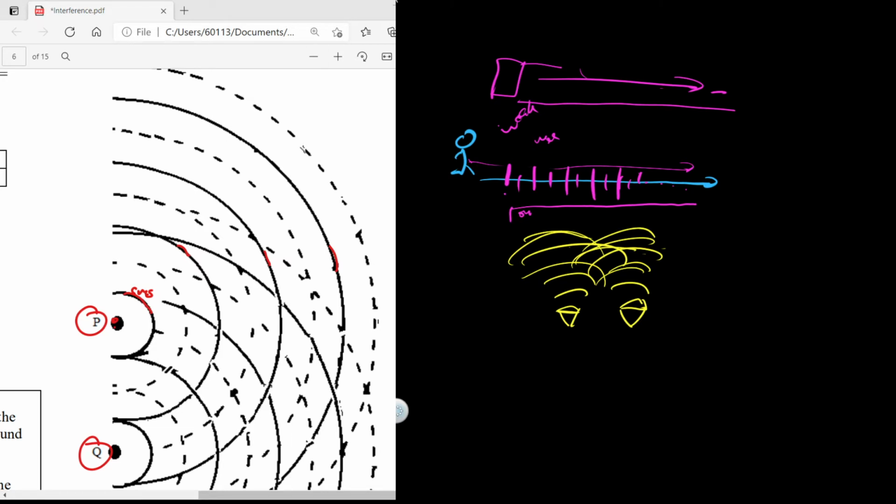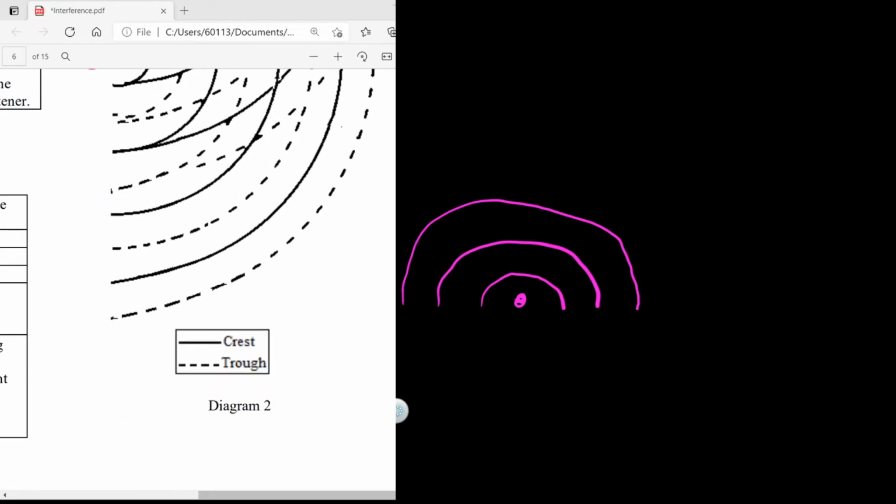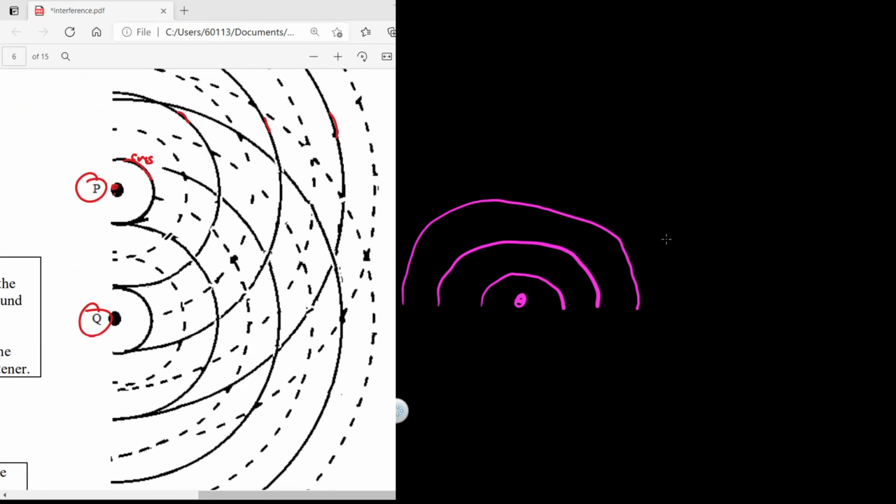If you look carefully, let me try to draw it. So we have source P, which produces waves in all directions. So we have a crest for P, and then another crest for P. And then the dotted line will represent the trough.